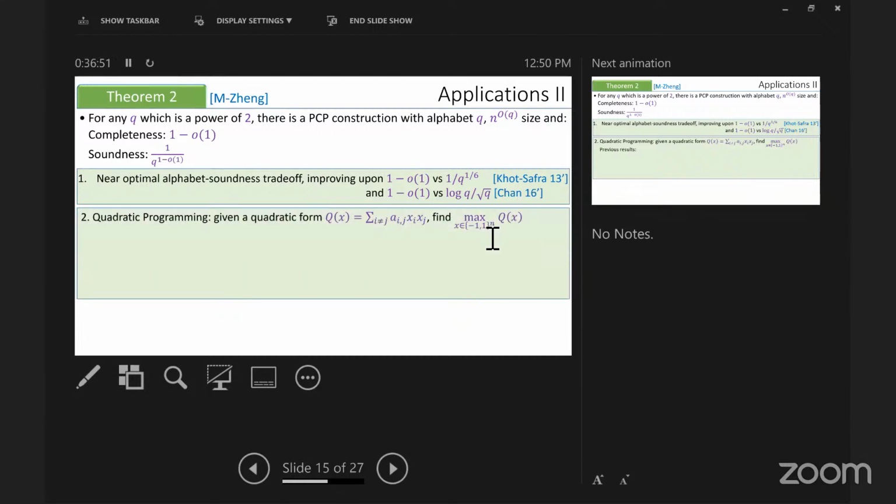The second result, which was actually for me the primary motivation, is about quadratic programming. I give you a quadratic form of this type, Q of x equals the sum of a_ij times x_i times x_j, and I ask you to find the maximum of Q over the Boolean cube. There is a classical algorithm based on SDP that gets an O(log n) approximation.